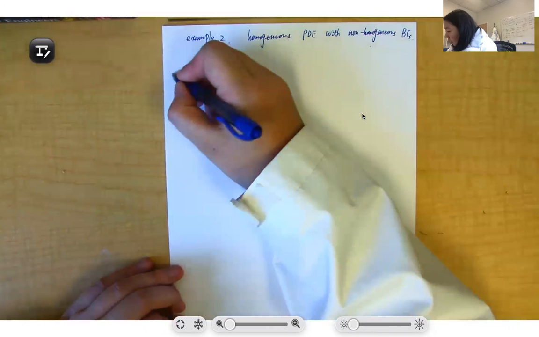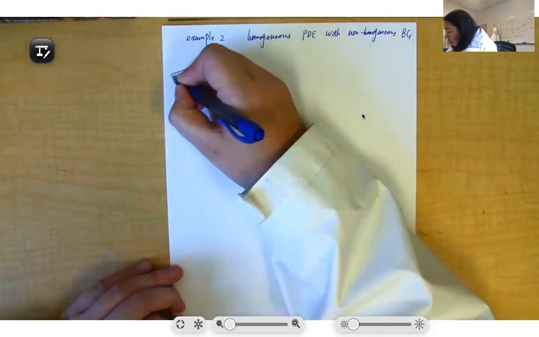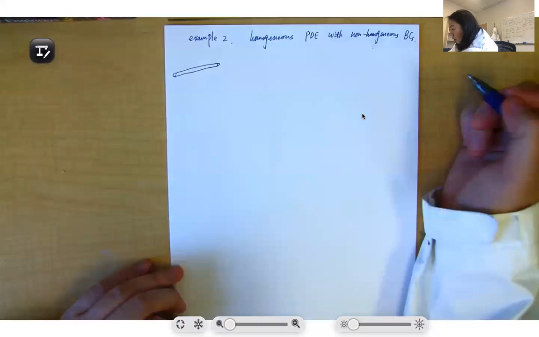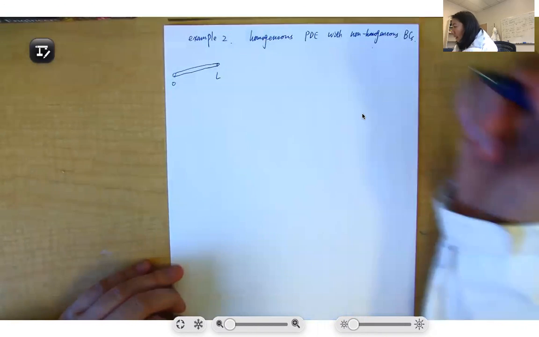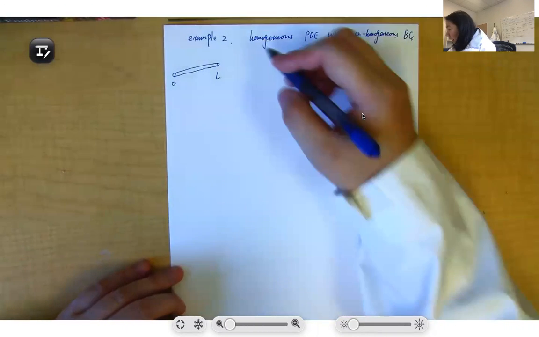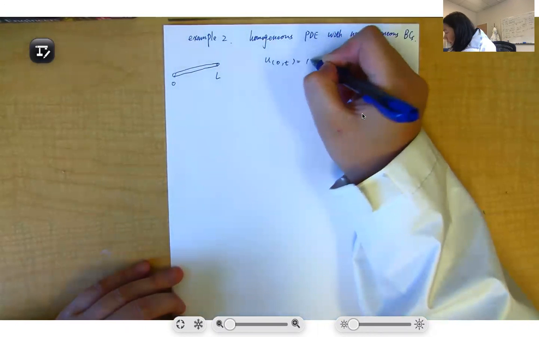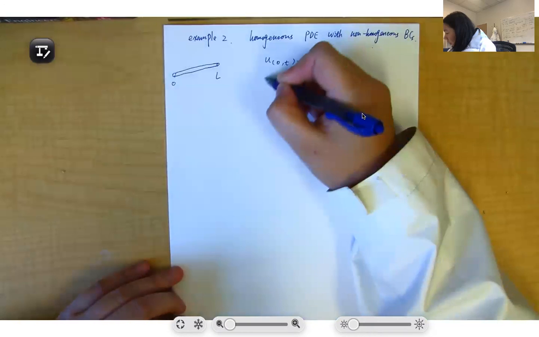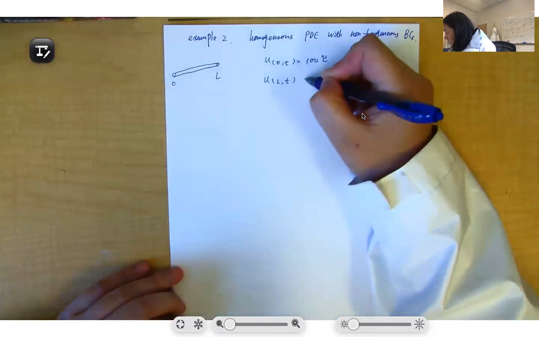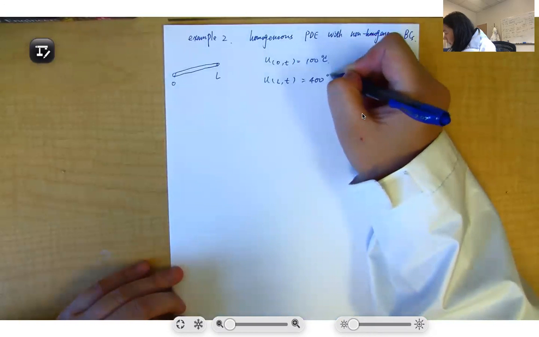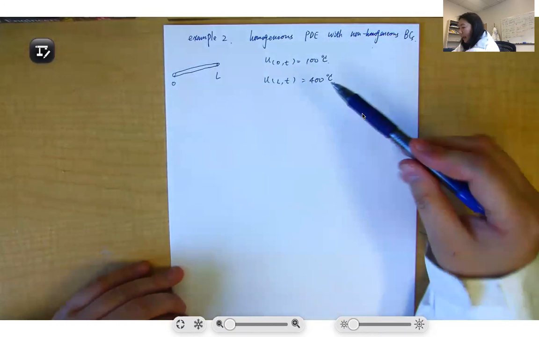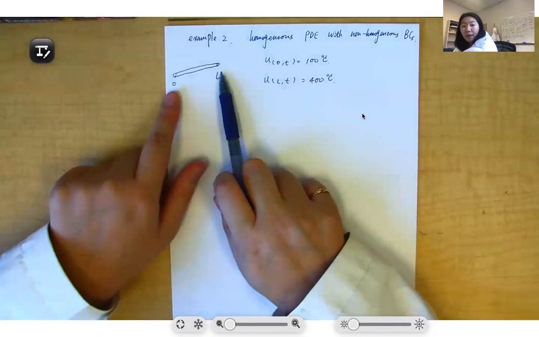It's still a 1D rod, a metal rod from 0 to L. And we have that U(0,t) equals 100 degrees Celsius, U(L,t) equals 400 degrees Celsius, some boundary conditions. So at all time, the end of the rod will be at fixed temperature, and we solved it at steady state before already, right?